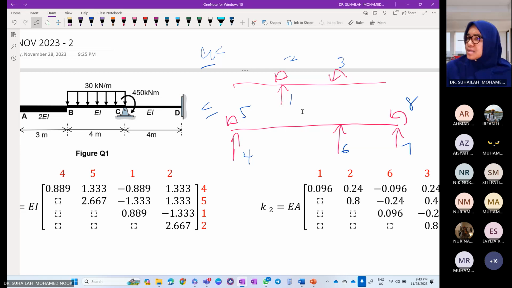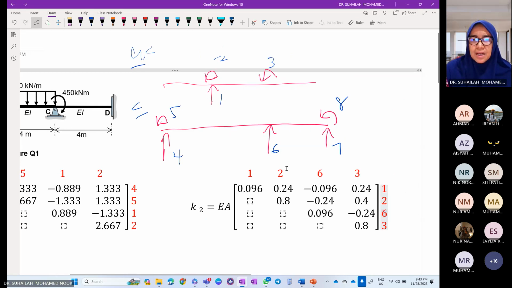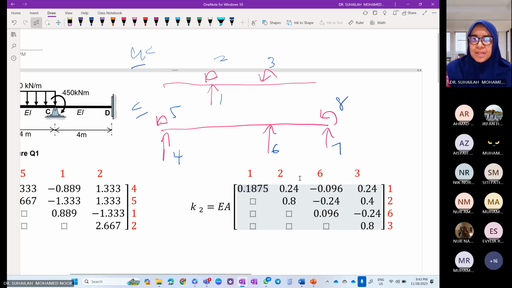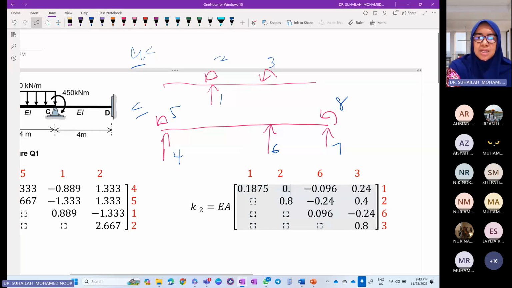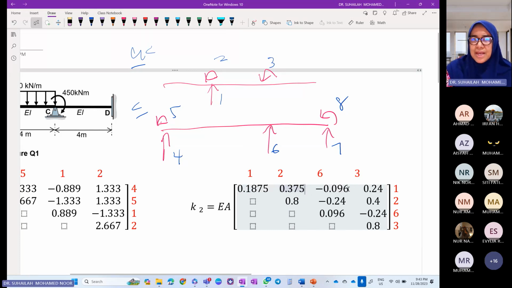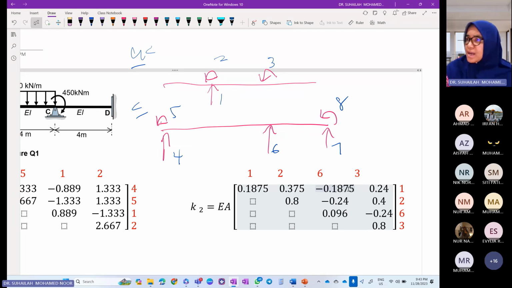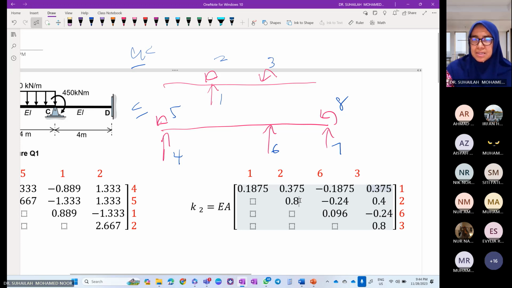EI. So the first value here will be 0.1875, 0.375, negative 0.1875, 0.375. Then 1, negative 0.375, and then 0.5.